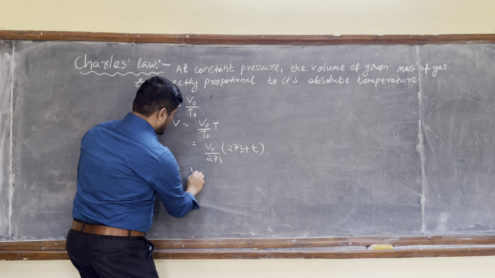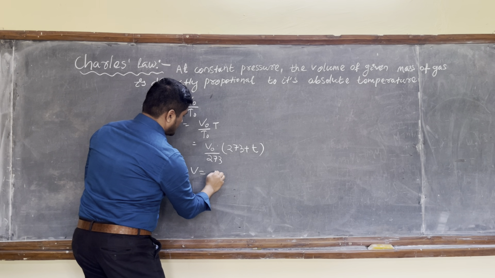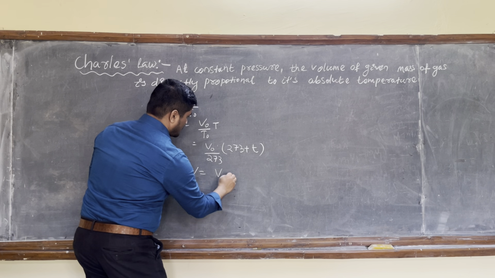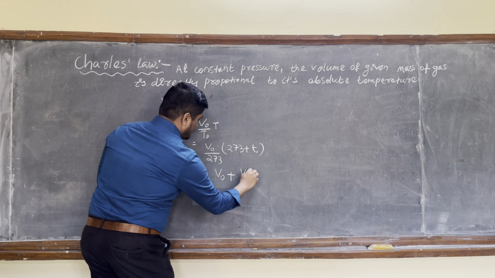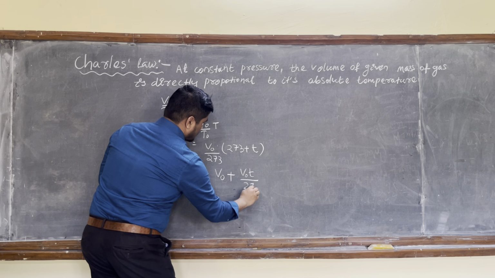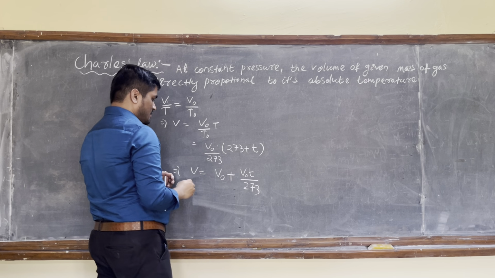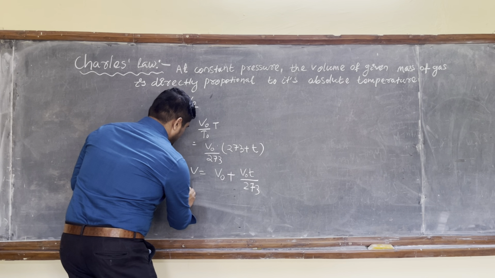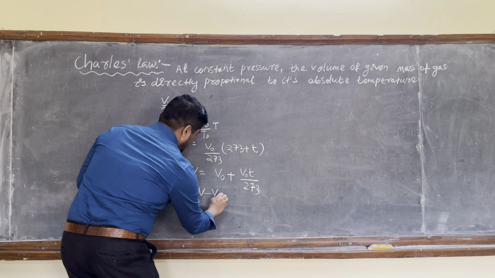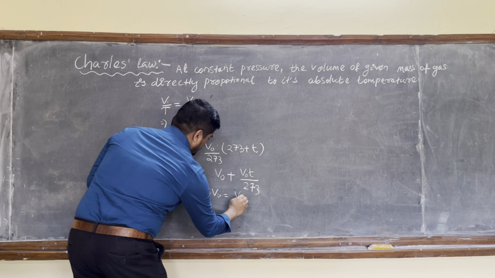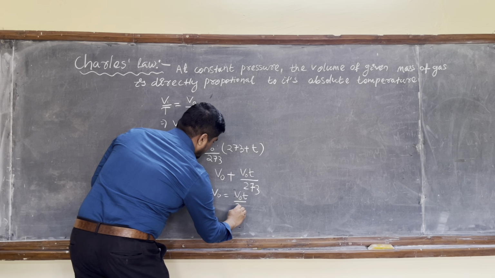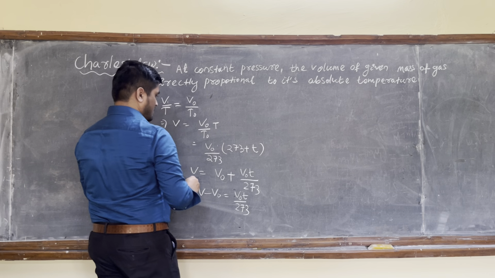That implies V will be V naught plus V naught T divided by 273. That implies V minus V naught will be equal to V naught T divided by 273.